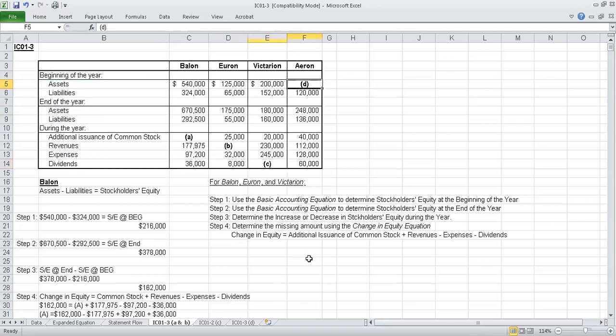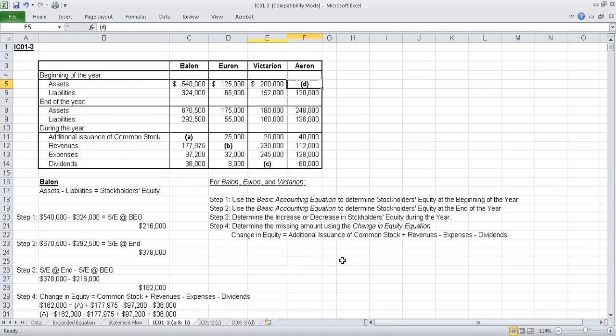For D, you just have to work it backwards, and use these same 4 steps in reverse order. You're going to start by figuring out the change in equity. Then you're going to figure out equity at the end of the year, and back your way into equity at the beginning of the year, and then you'll work backwards to get to assets. So D is a little bit different than A, B, and C, but it's just working backwards instead of forwards.